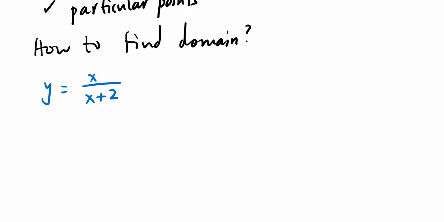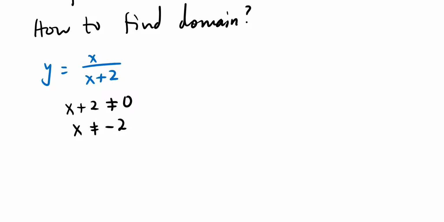Well, in this case, we're not allowed to divide by 0, so we make sure that the denominator is not 0. If you subtract 2 on both sides, you get x cannot equal negative 2. So the domain for this is all real numbers except negative 2.